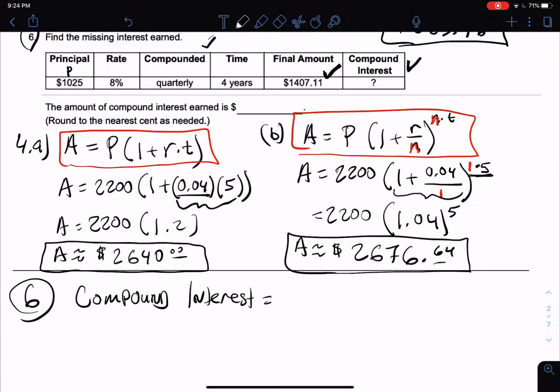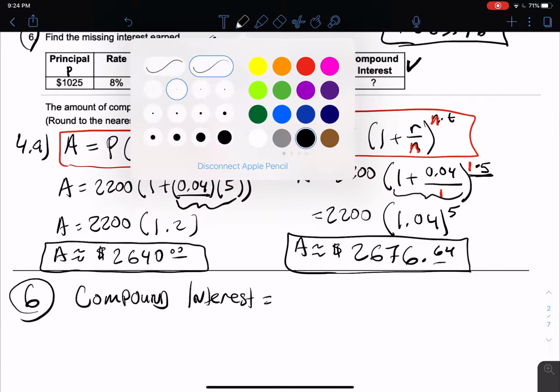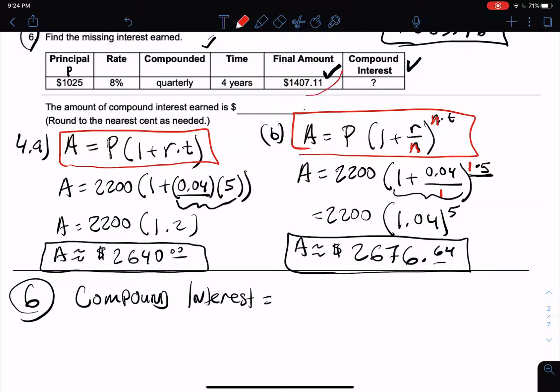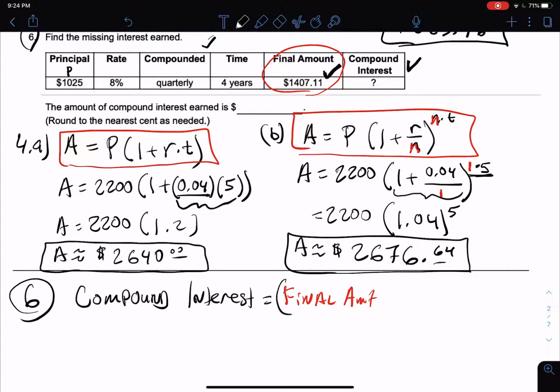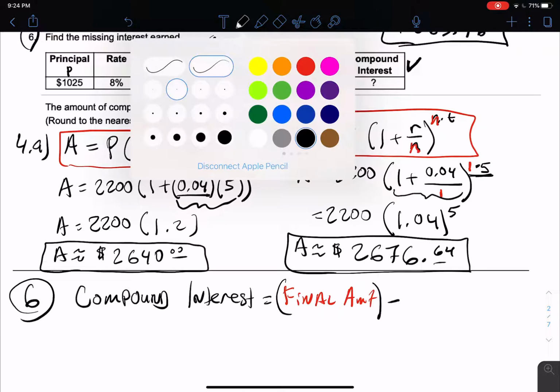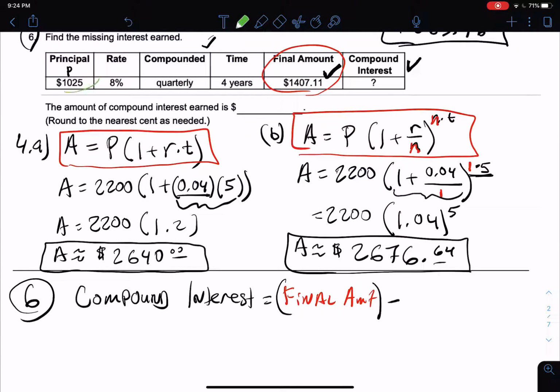So your compound interest is just going to be equal to, and let's do this with some color, I guess, this final amount minus your principal, what you started with.